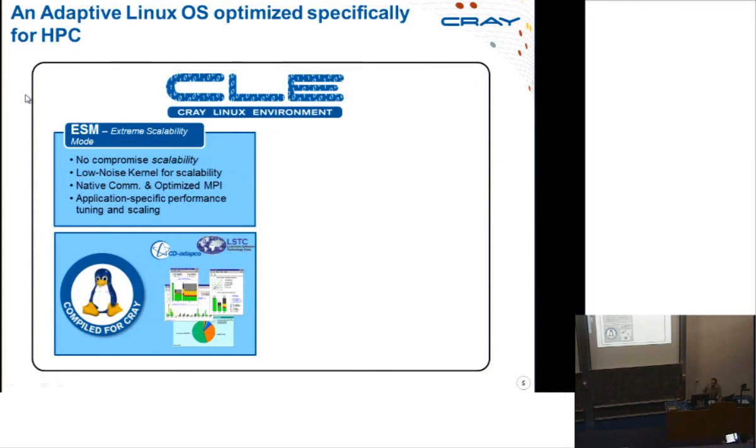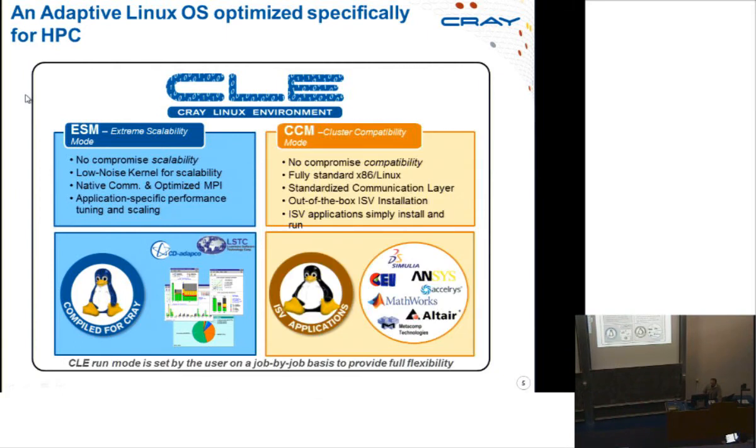It does require you to use the native communication libraries, the optimized MPI, but it's the best way of getting the best performance out of the nodes, but it does require you to have access to the source code. For those of you who don't have access to your source code, who are using industrial applications, we have the cluster compatibility mode. This was available on HECToR and should be available on Archer as well.